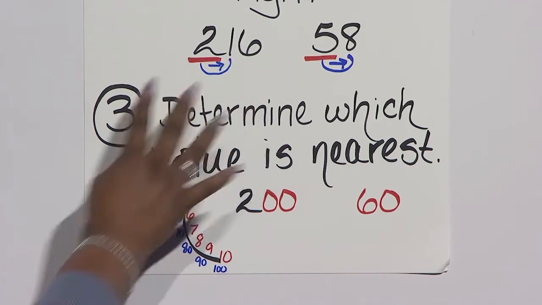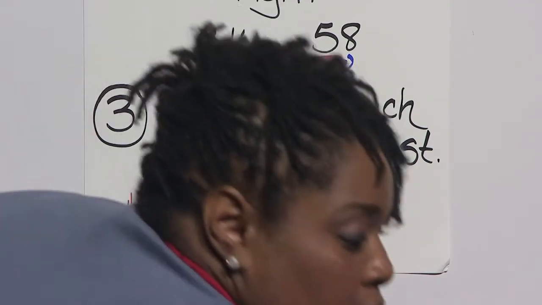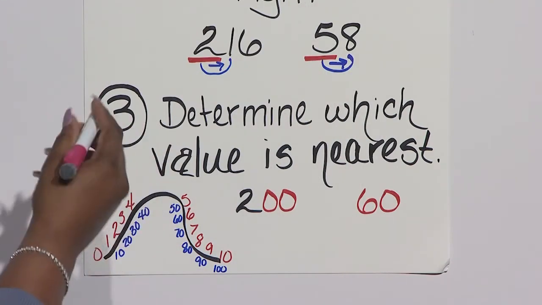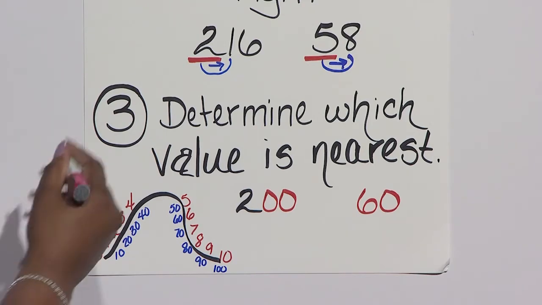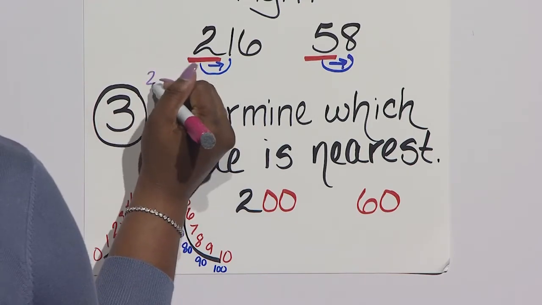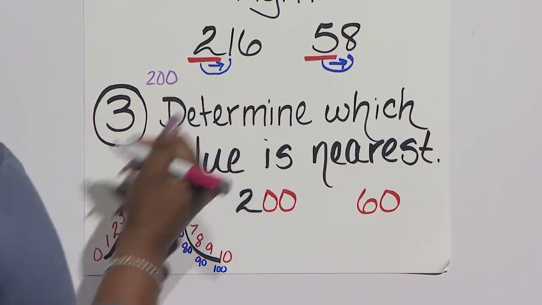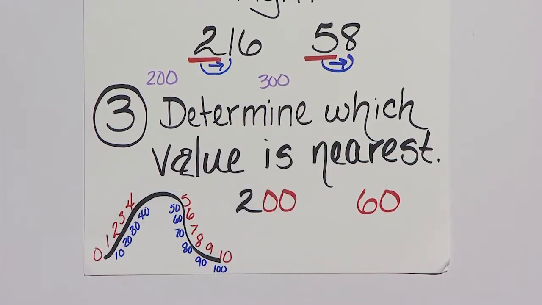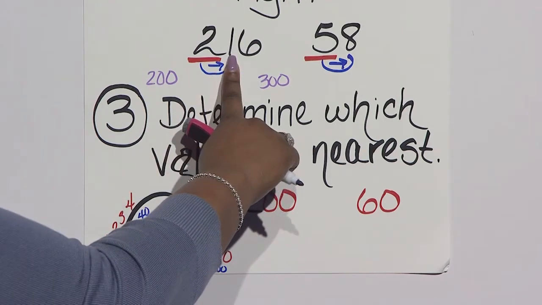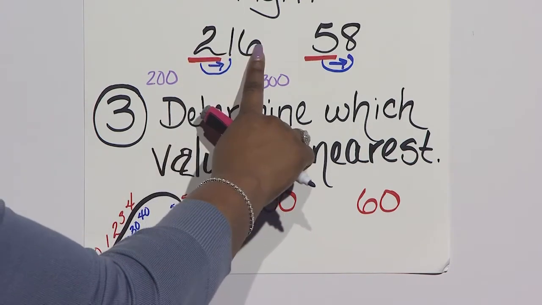So let's look. What is our range for 200? I need the nearest 100. So my range is 200 and 300. Okay? 10. 210.